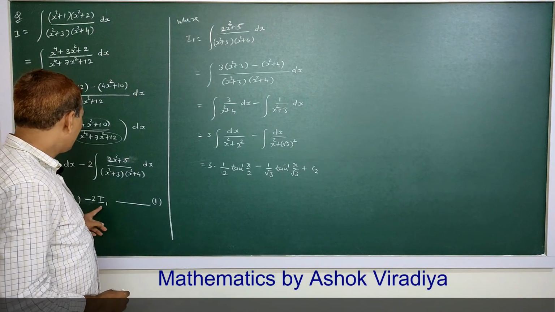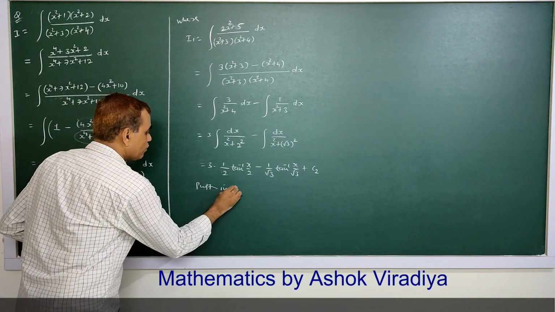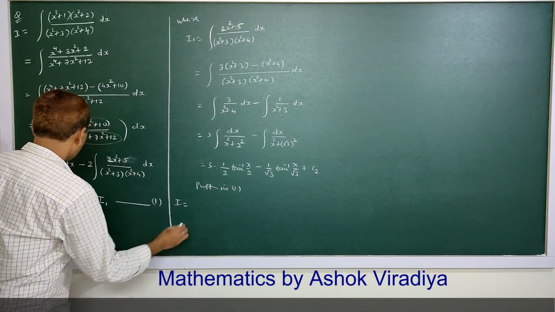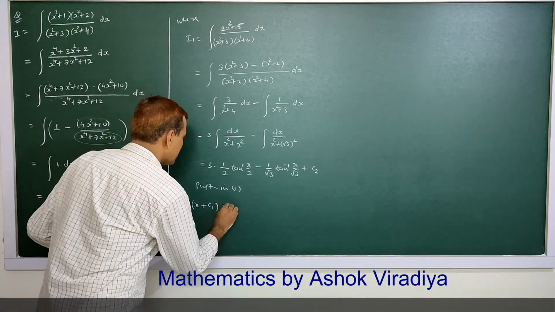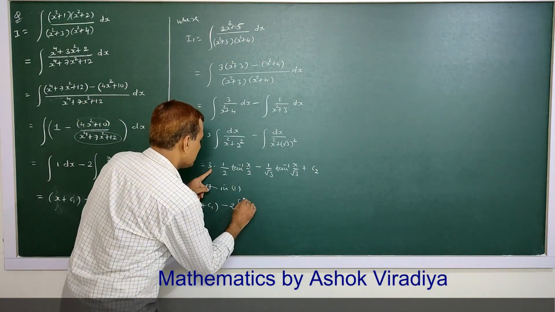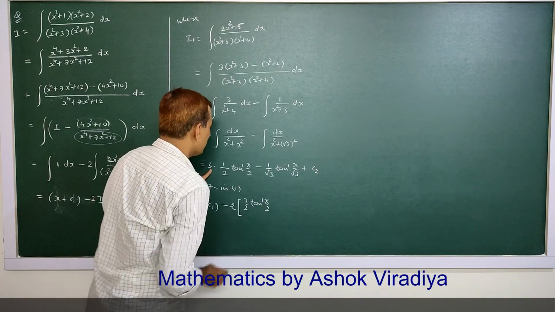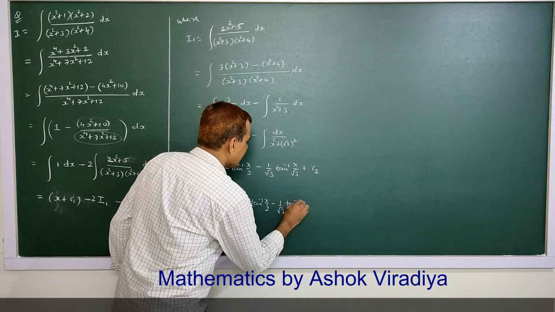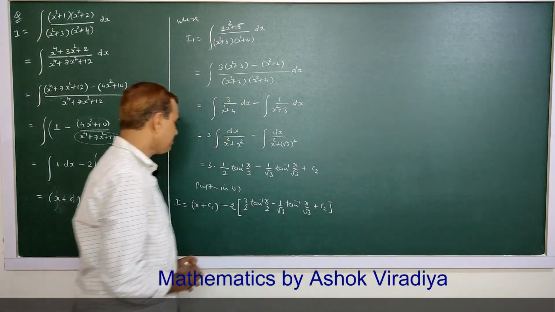So putting this in I, the integral is equal to x + c1 minus 2 into, this is I1, 3 by 2 tan inverse x by 2 minus 1 by root 3 tan inverse x by root 3 plus c2.